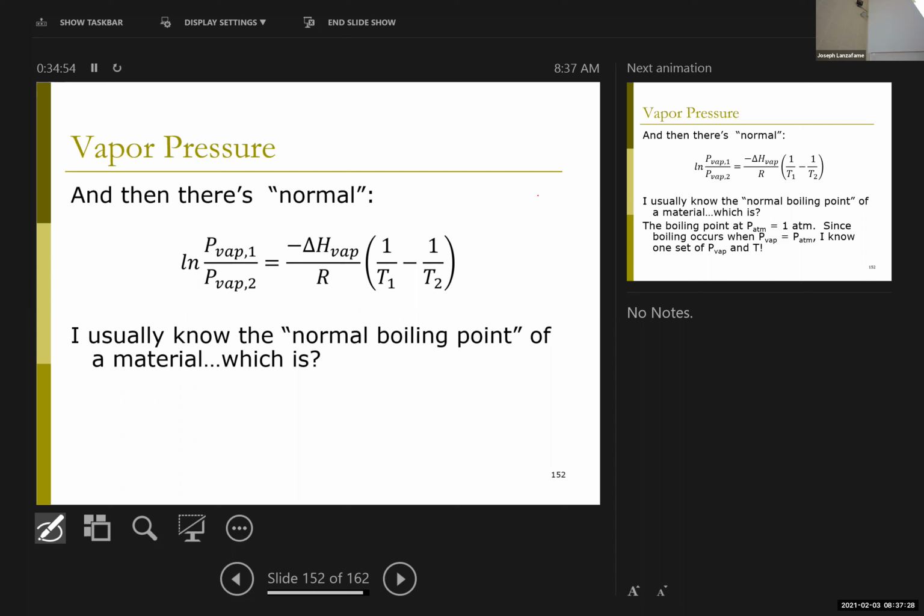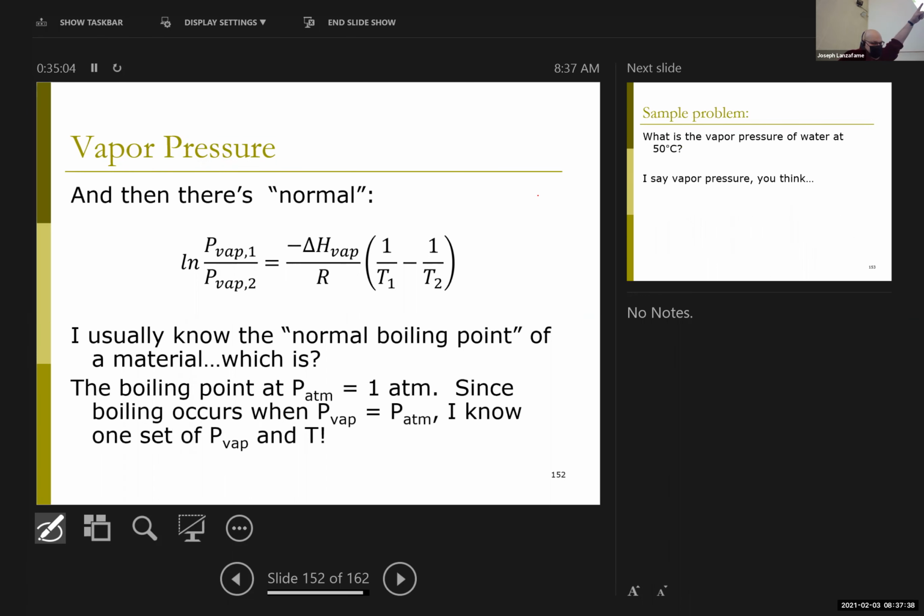And by definition, the normal boiling point is the temperature at which the vapor pressure is 1 atmosphere. So I technically know the temperature at which the vapor pressure is 1. That's what I call the normal boiling point. So I kind of replaced my Clausius factor, which is hard to find, with the normal boiling point, which is easy to find. Probably the easiest thing to find.